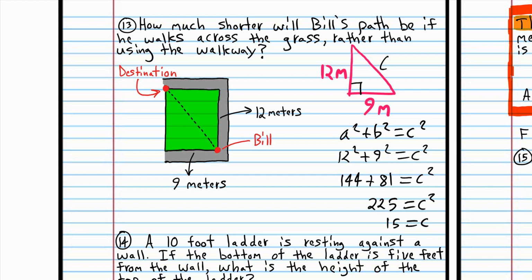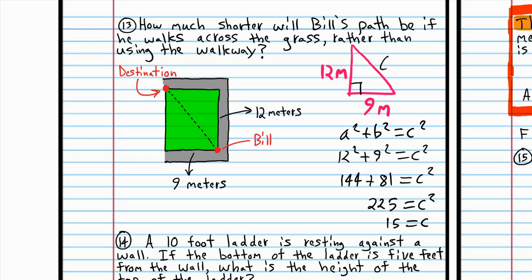It's kind of a trick problem again. So if he walks along the sidewalk, he's going to walk 12 meters, and he's going to walk an additional 9 meters. So that is, let's see, 9 plus 12 is 21 meters total. But if he walks along the diagonal path, it's only going to be 15 meters. So how much shorter is the diagonal path than the sidewalk path? Think about that.